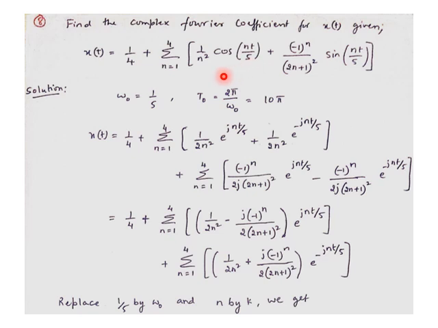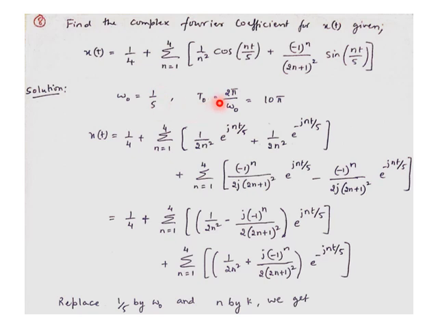We have cos and sine, but it is nt by 5. So we can have omega naught equal to 1 by 5, because this is a constant; omega naught 1 and omega naught 2 are both the same, that is 1 by 5. So from that I can say the omega naught, and t naught can be calculated.